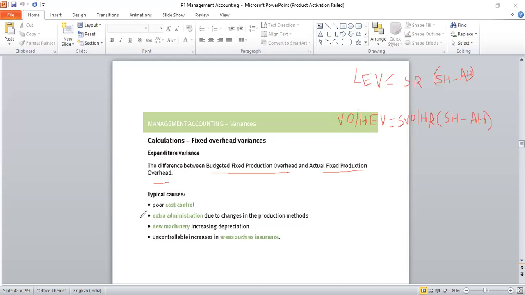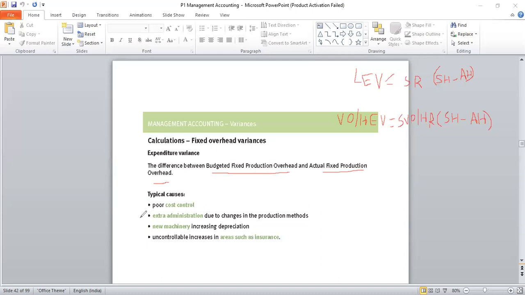These are basically fixed costs. When would they change? They would not change with the changes in production, but they would change with some decisions which are taken, other than production. The way in which the organization is managed, some commitments made, some decisions taken. Maybe they have decided to purchase another asset, so on that asset additional depreciation will be incurred.